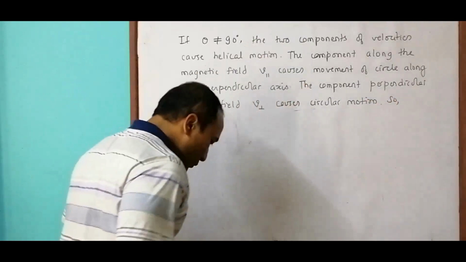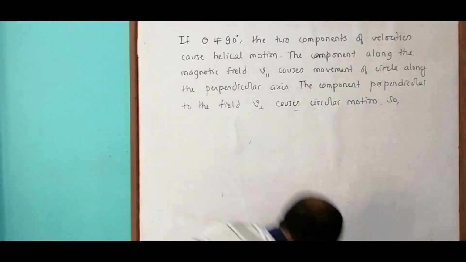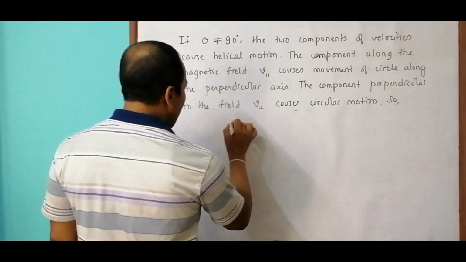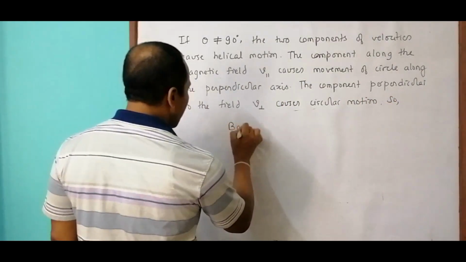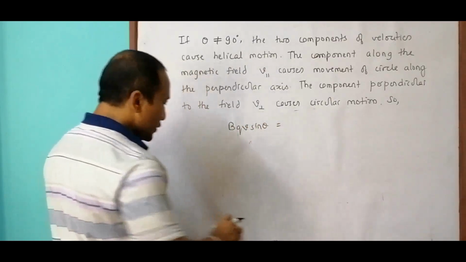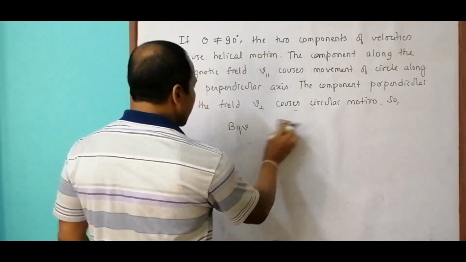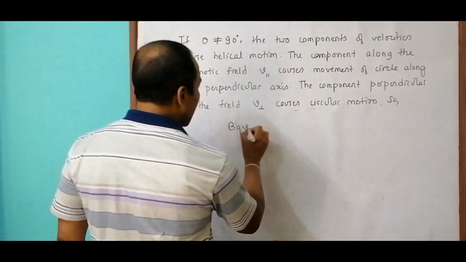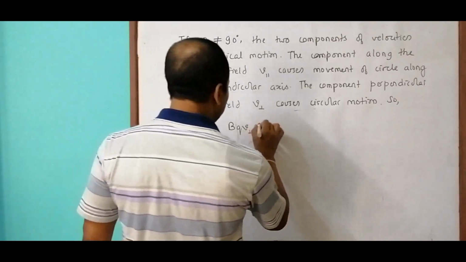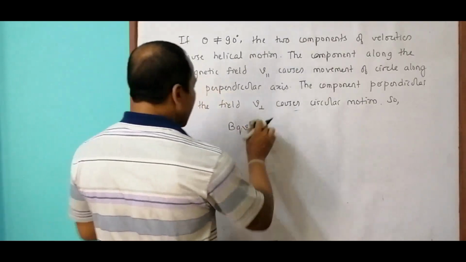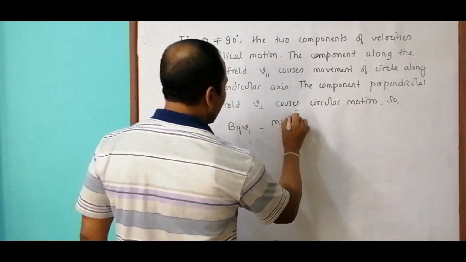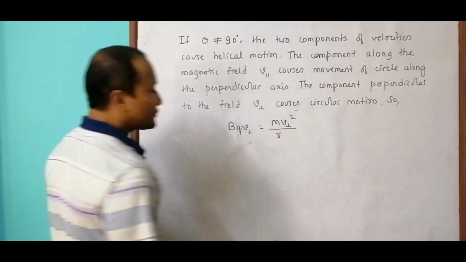So we have BQV sine theta is equal to... let's not write this. BQV perpendicular is equal to m V perpendicular squared by r.